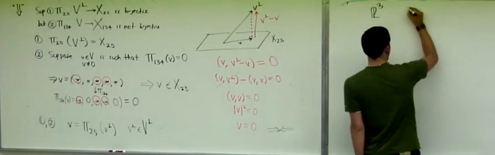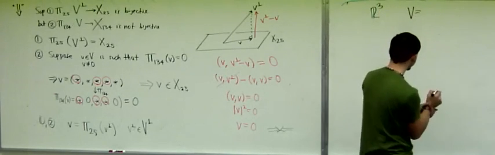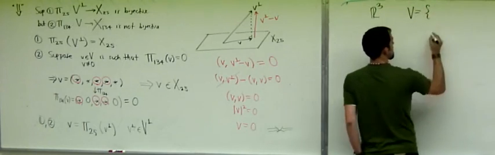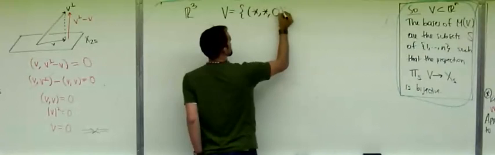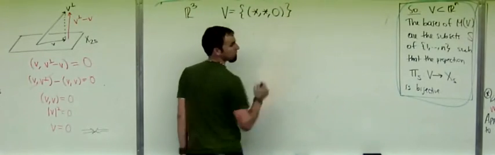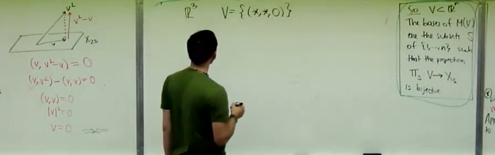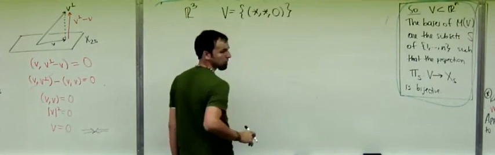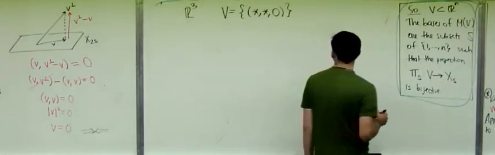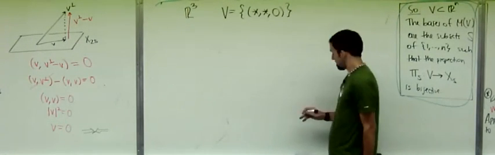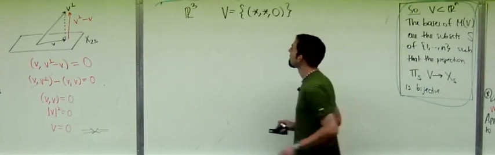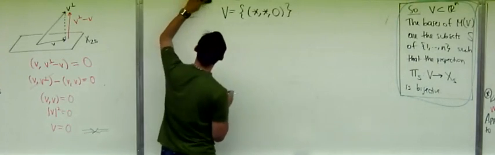And let's say that our vector space consists of things of the form star, comma, star, comma, 0. So this is a two-dimensional space in R3.